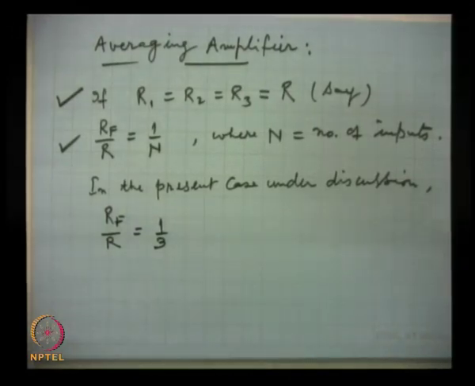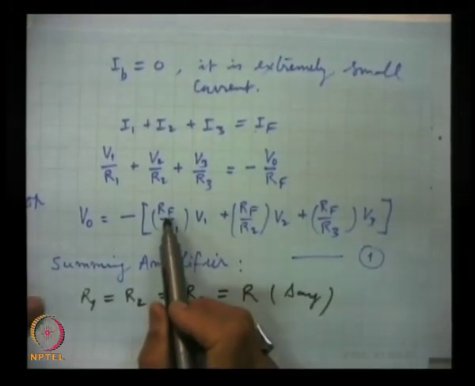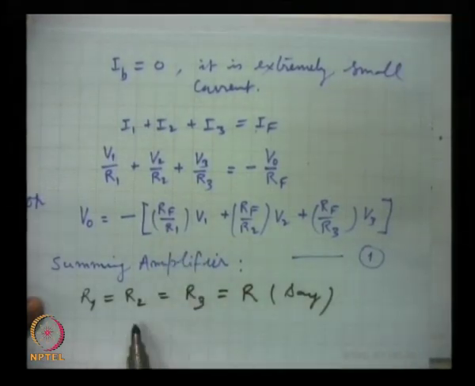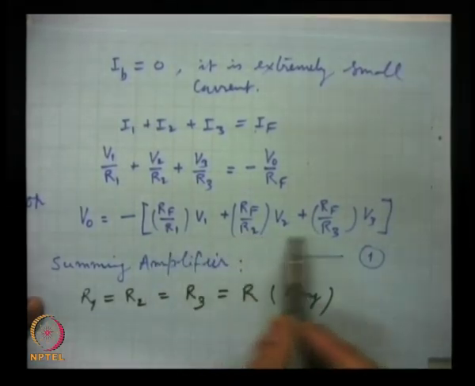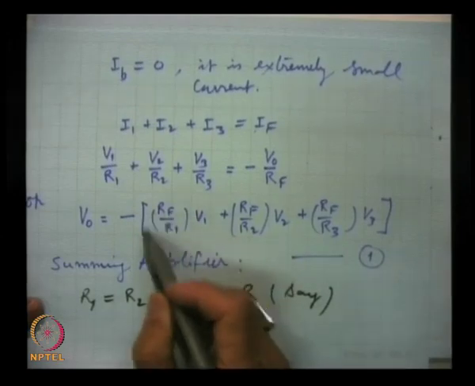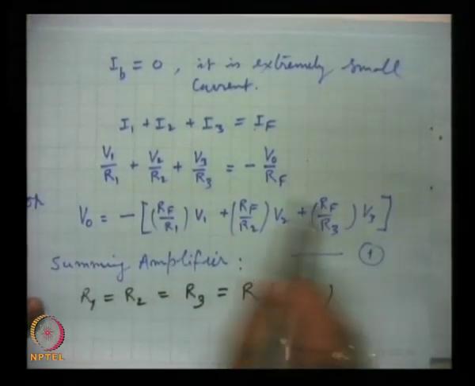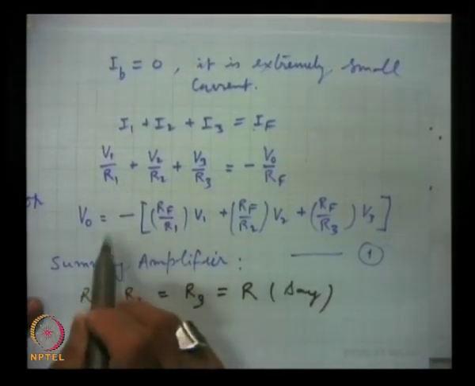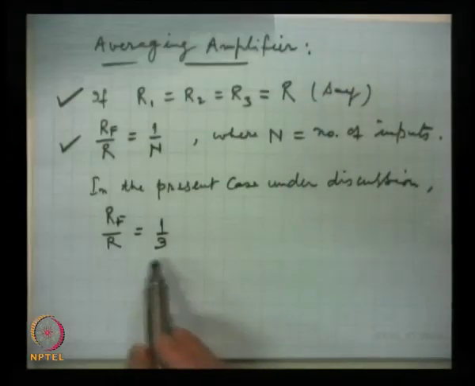Now, if we substitute, when we take R1 equal to R2 equal to R3 equal to R, this is a common term which we can take out, Rf by R, and Rf by R in this case is taken as 1 by 3.